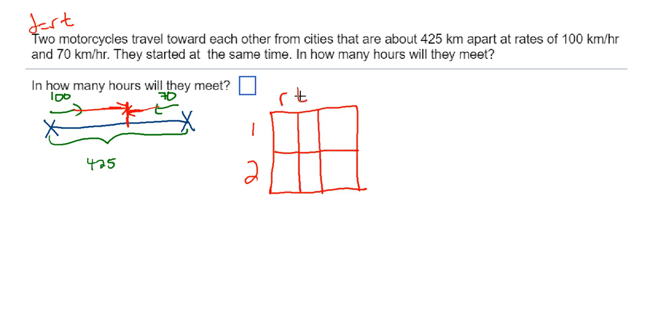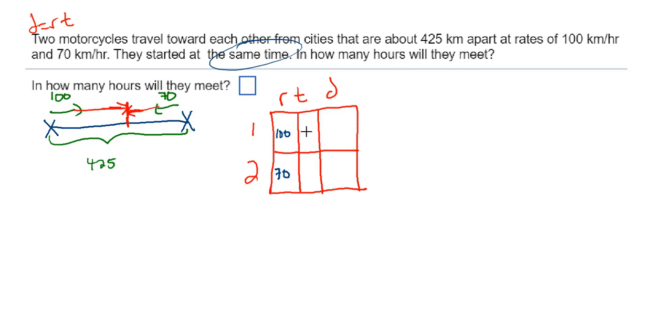We'll fill in what we know. The speed of the first motorcyclist is 100 kilometers an hour. The speed of the second motorcyclist is 70. We don't know the time, but we are told that they start at the same time. That means they'll travel for the same amount of time, because they start at the same time, and when they meet, they'll end at the same time.